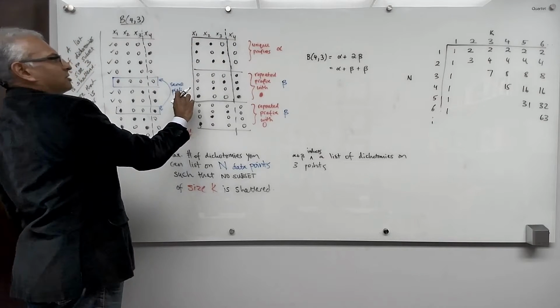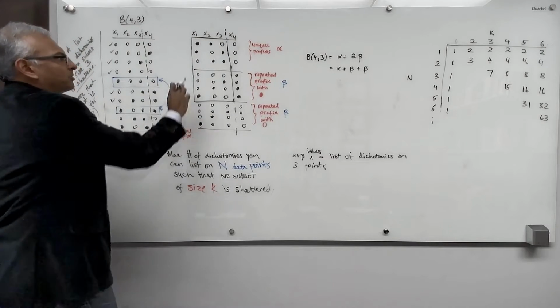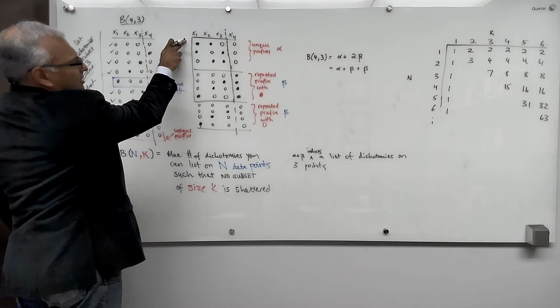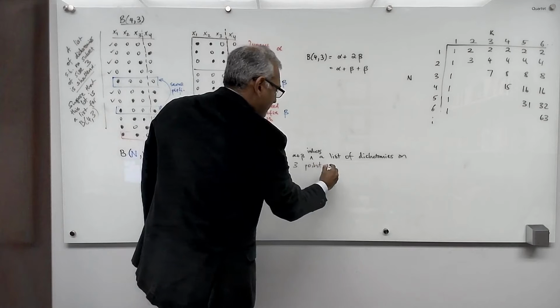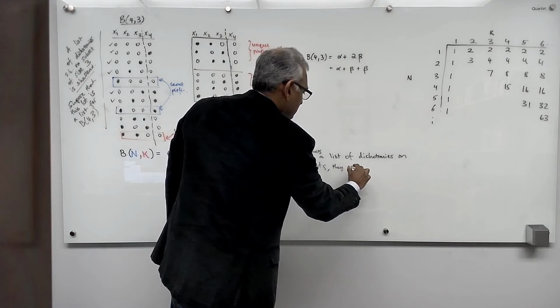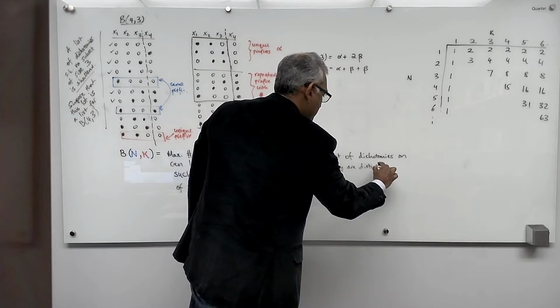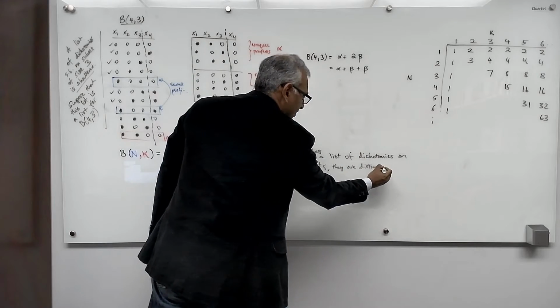So all these dichotomies induce a list of dichotomies on 3 points. It's exactly these dichotomies, and in this set there's no repeated dichotomy. So they are distinct. That's the first observation.